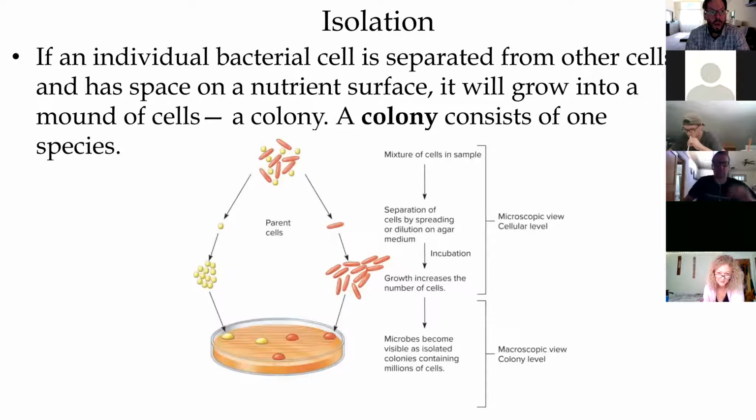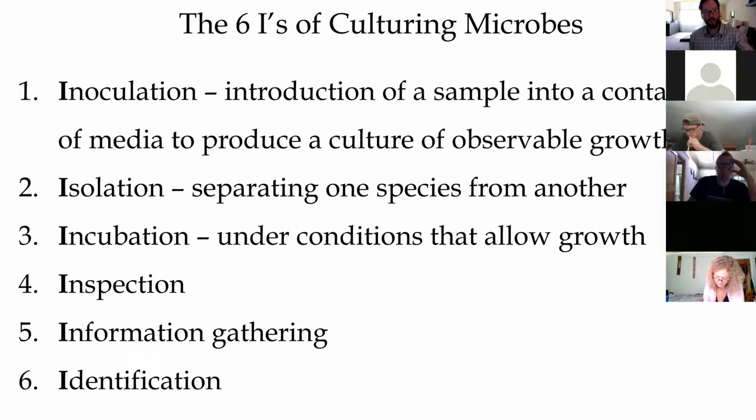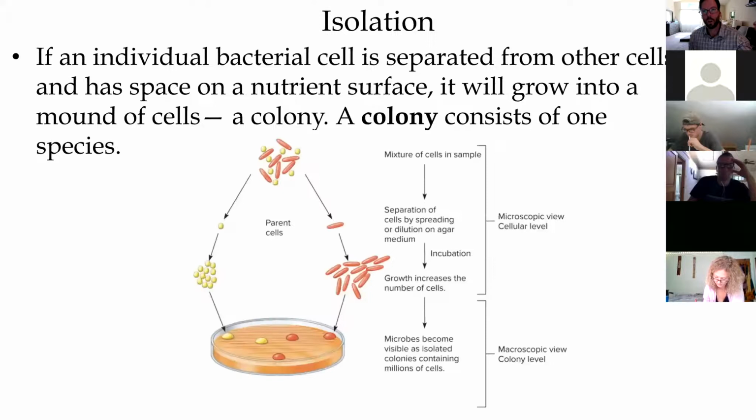So you have isolation, you have individual bacterial cells, and this is, again, so we've already inoculated and we're going into the isolation step where we have parent cells and we have 2 different types.